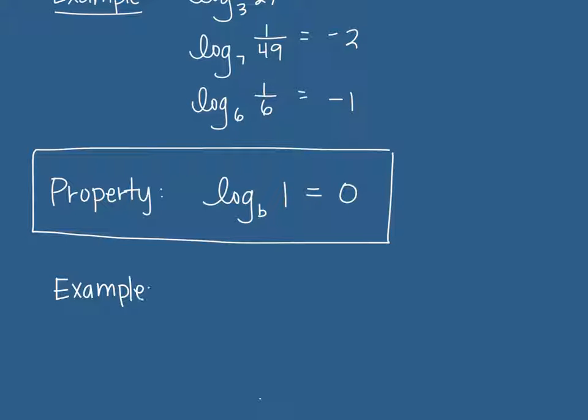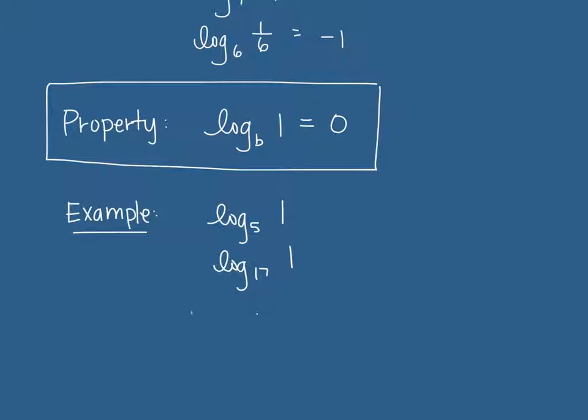People try to throw those in as trick questions: log base 5 of 1, log base 17 of 1, log base 1,000,000 of 1. The property is, no matter what the base, the answer will always be 0. So that's the first property.